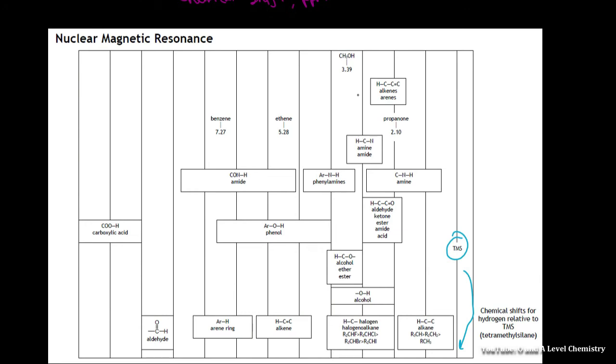So I'm going to go into that table and find a hydrogen. Look here, a hydrogen that is bonded to a carbon that is bonded to a halogen. That one's range is from 2 to probably 4.2 ppm.